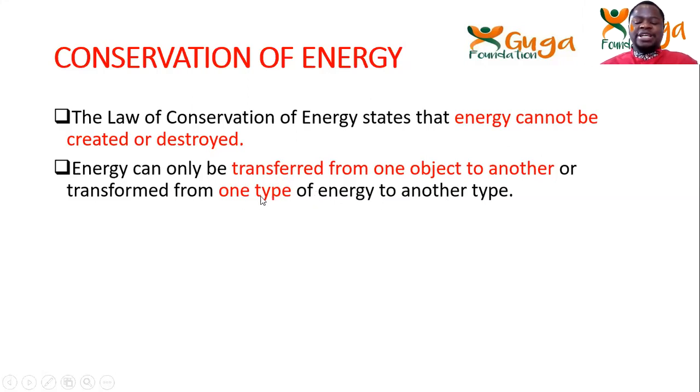You remember we talked about types of energy, so it can move from sound energy to thermal or heat energy. It can just rotate in between. If you've got cars colliding, you'll hear a sound, and you'll also see some light or heat. So it's just the transformation of energy from one state to another.